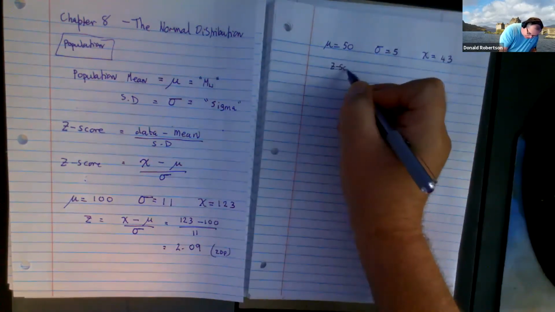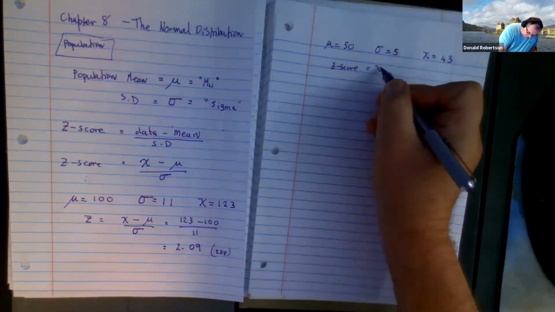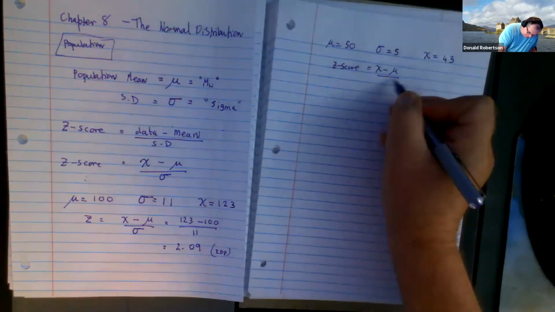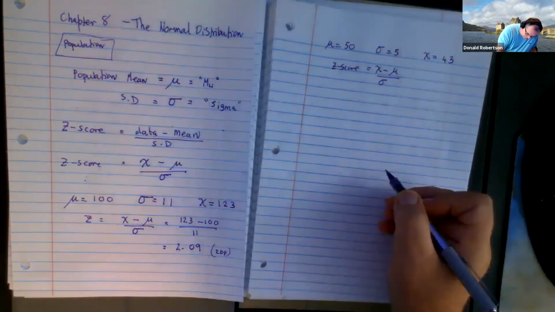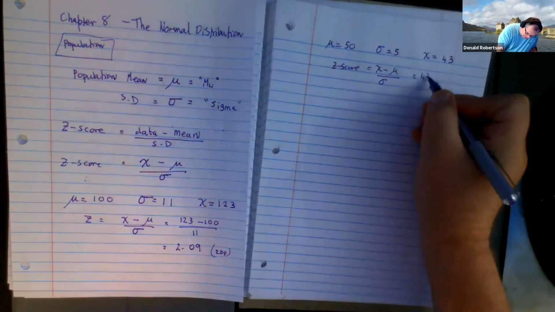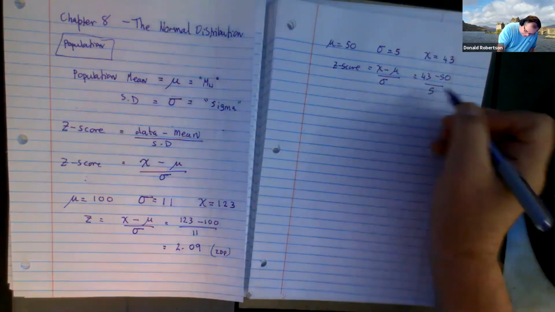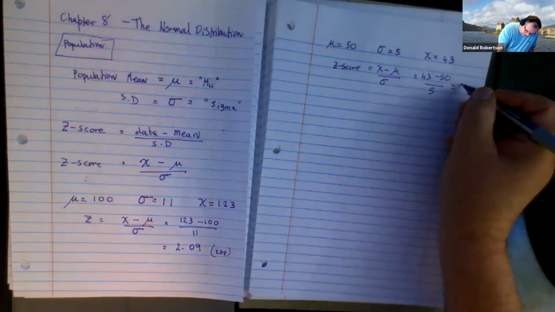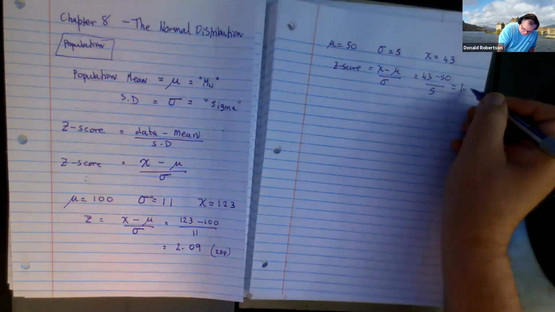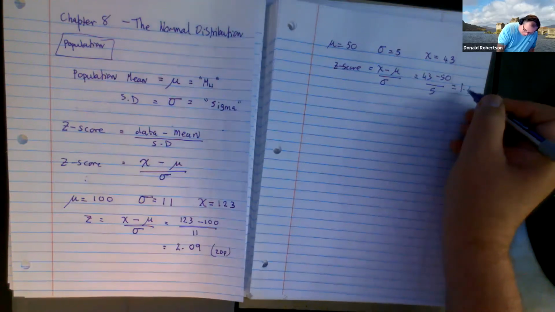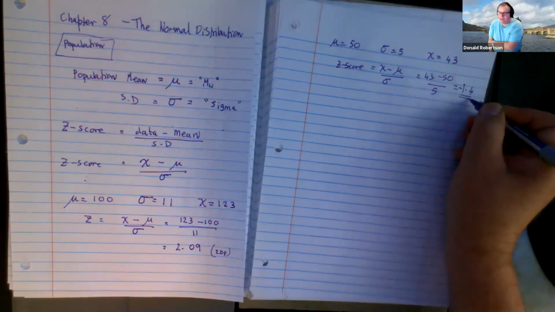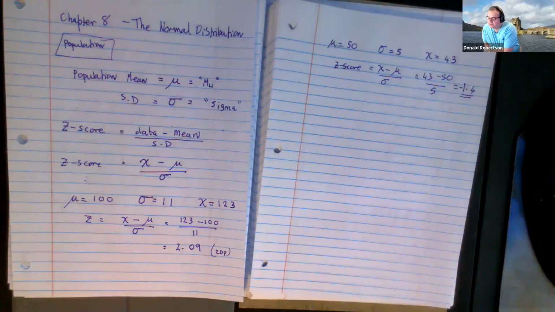So Z-score, data, take away mean, divided by standard deviation. 43, take away 50, divided by 5. And that ends up being negative 1.4. Isn't it okay to have negative Z-scores? And positive Z-scores as well, obviously.